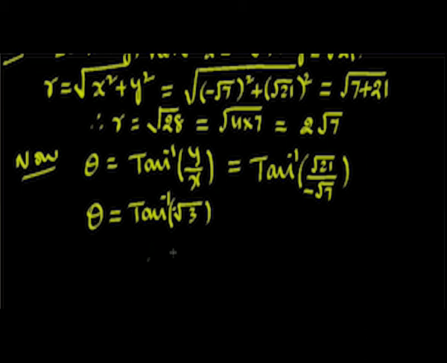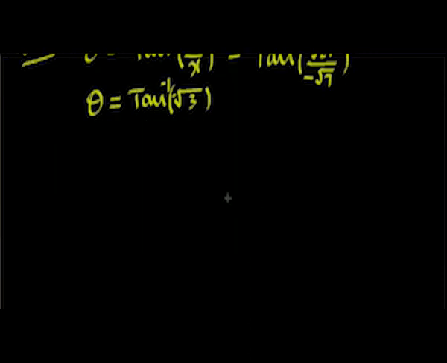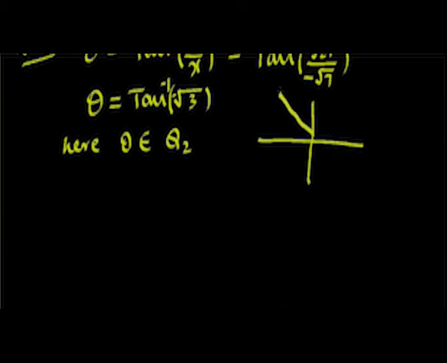Now let us consider the point. Theta belongs to the second quadrant, as the point is minus root 7, root 21, x is negative and y is positive.